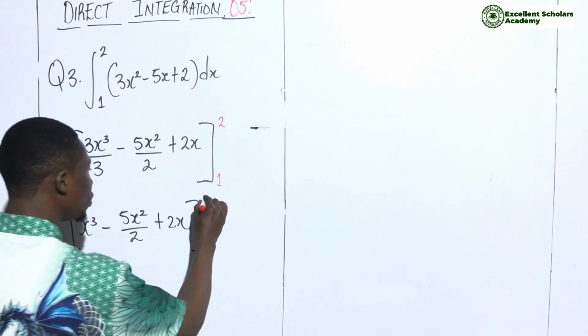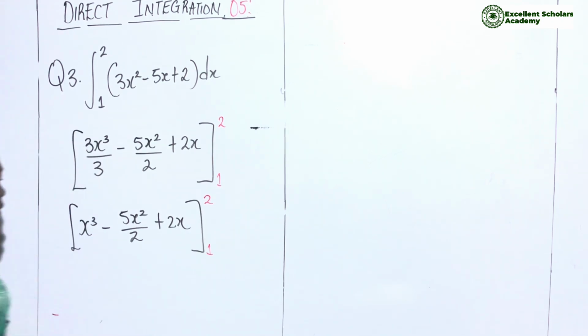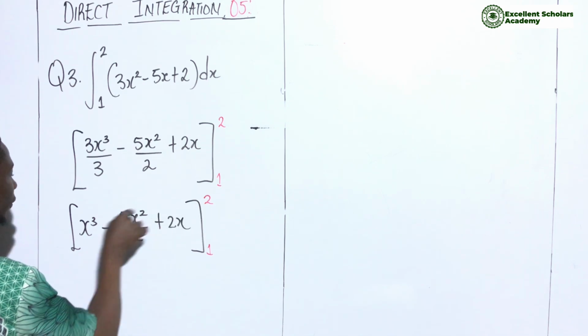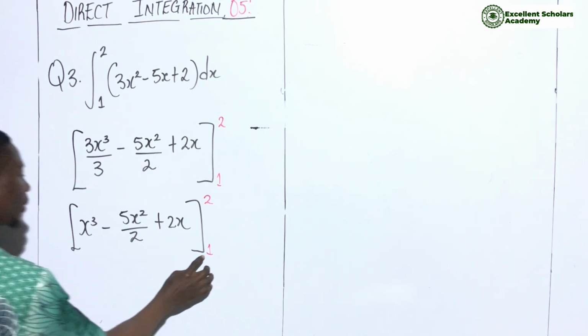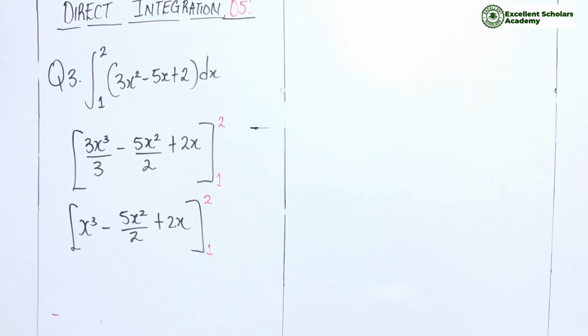So this is from 1 to 2. Like I said, we're going to put the power of 2 into this integral, minus, and put the power of 1 into the same integral.